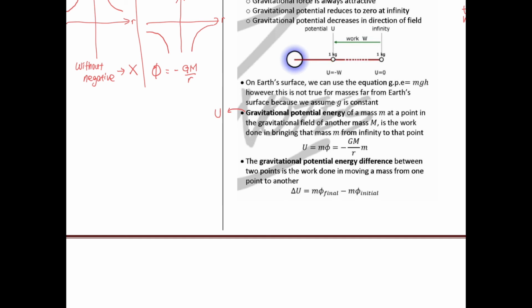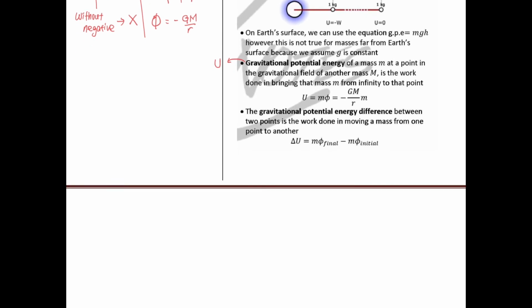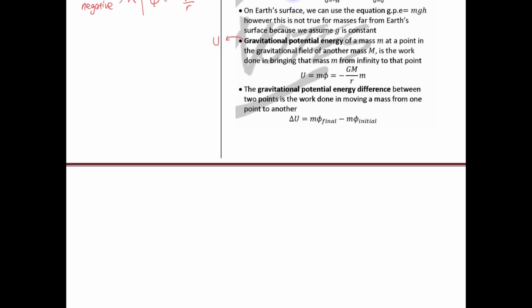Okay. I give you a few situations here. Let's say I draw out two diagrams. So first diagram, you have capital M here. So you bring a stone from this point to this point.